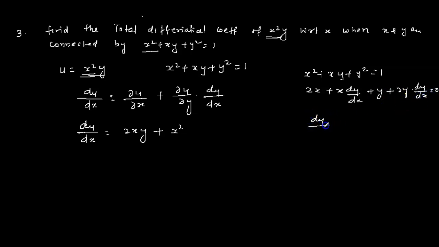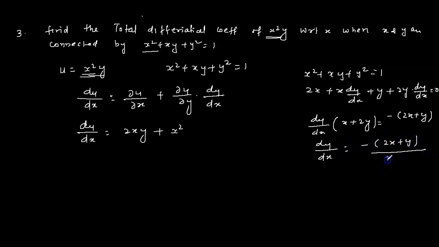So here dy by dx we can write, that x plus 2y, and the remaining we take to this side. So we can write minus of 2x plus y. So dy by dx is equal to minus of 2x plus y divided by x plus 2y. We can substitute this in the place of dy by dx.